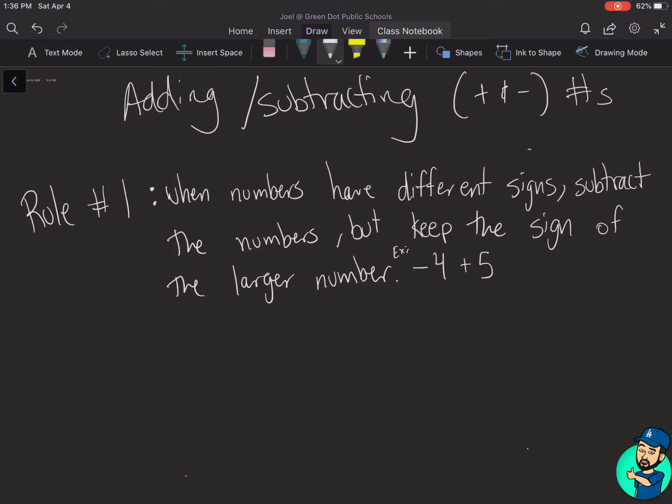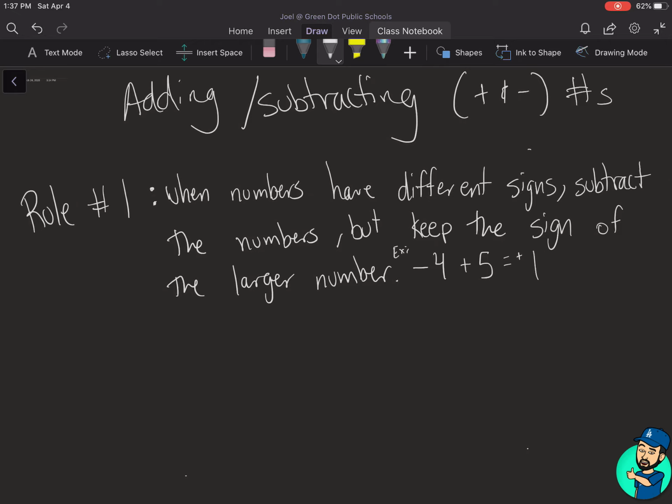What's 5 minus 4? 1. But keep the sign of the larger number. What number is bigger, a 4 or a 5? Would you rather have $4 or $5? Of course $5. What sign is in front of the 5? A positive, so my answer is +1. So you can leave it like that, or you can put a little plus, and it is up to you.